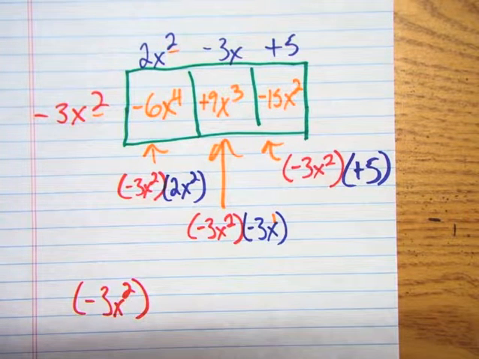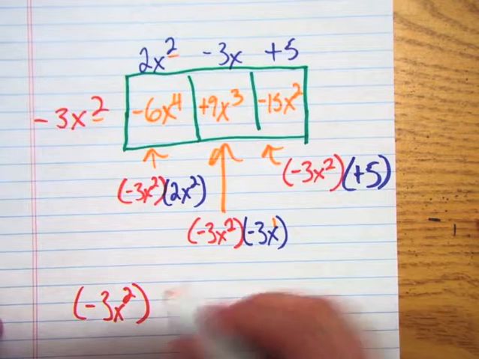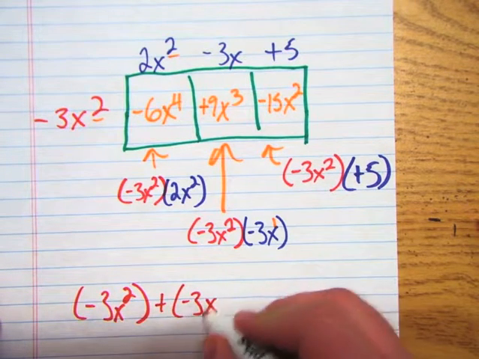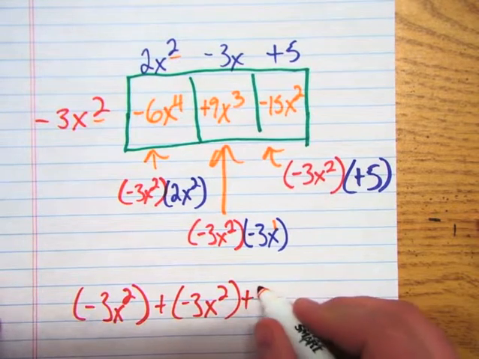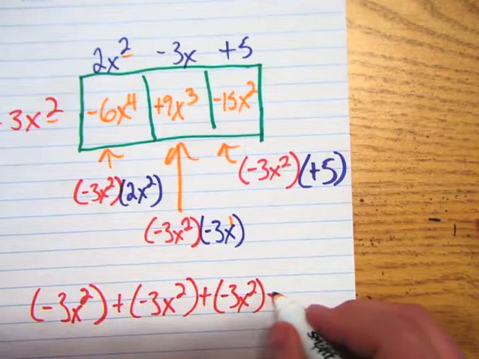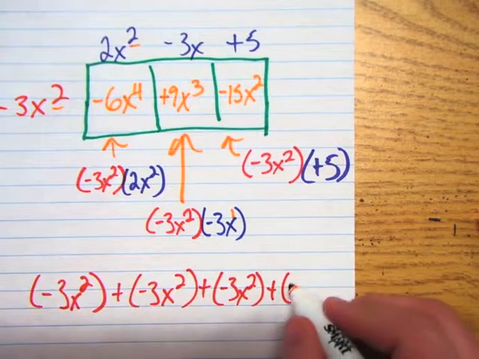So 3 times 4 is 12, but isn't that really saying 4 plus 4 plus 4, 3 times? So what I'm really doing here is asking how many times am I going to add this? 5 times, right?